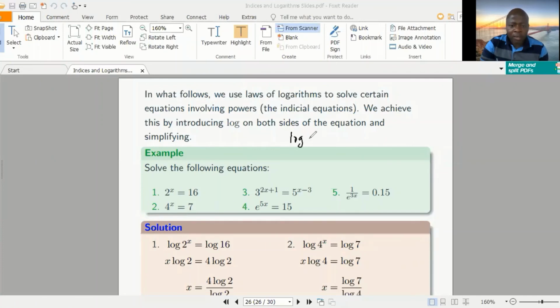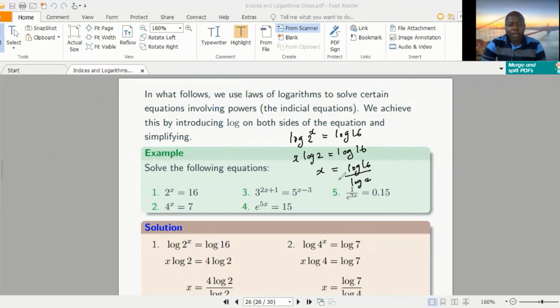So log of 2 raised to x is equal to log of 16. And then x log of 2 is log of 16. And then x is log of 16 divided by log of 2.